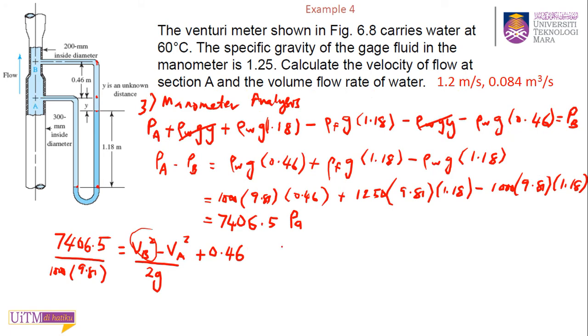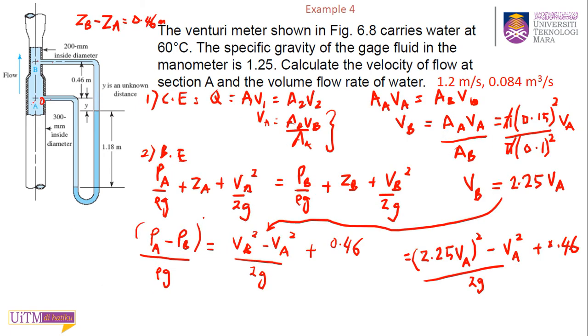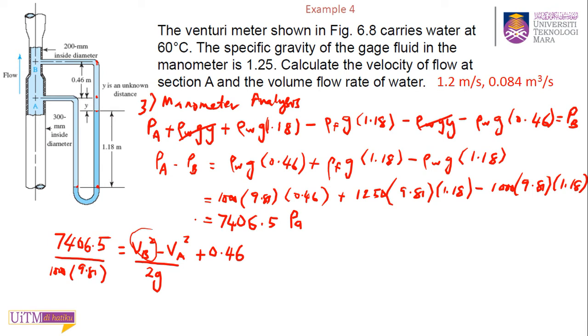So you have your PA minus PB here. Oh, same. Sorry. We put it here because we have this term already, 7406. So this is equal to 2.25 VA squared minus VA squared over 2g plus 0.46. Okay. What's the value of this?